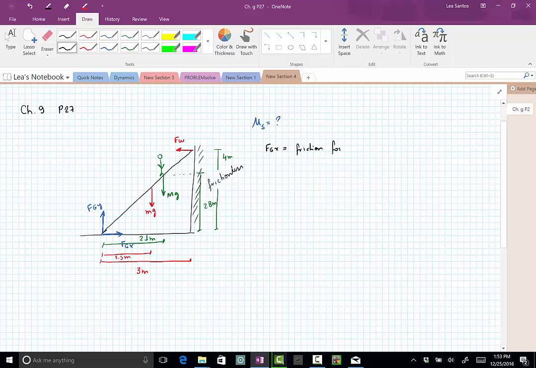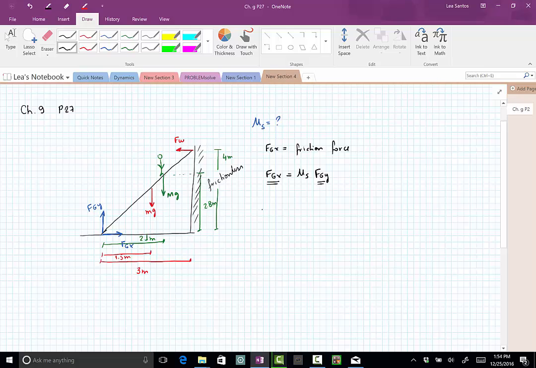And we know that the friction force is the coefficient that we are after multiplied by the normal force. And what is the normal force? The FGY. Okay? So what we need to compute to find this coefficient, well, we need these two forces.